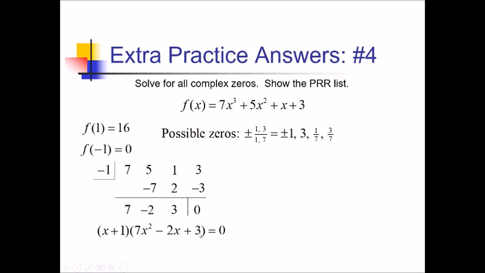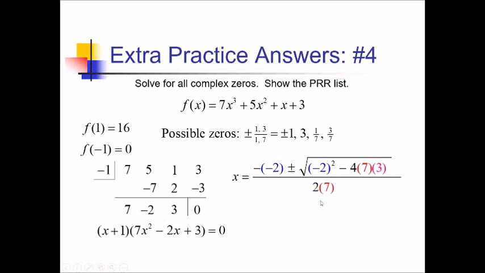I'm not really sure, but it probably is just going to be easier to use the quadratic formula. So let me do negative b, that's -2, plus or minus the square root of b squared, so minus 2 squared, minus 4ac, so that's minus 4 times the a value 7, times the c value 3, all over 2 times the a value, which is again 7, so 2 times 7.